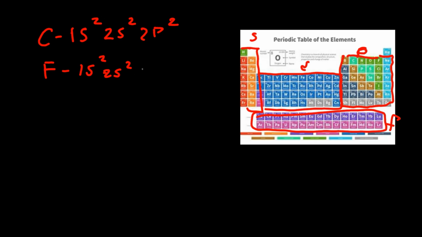So, the correct answer is 2p5, because you have 1, 2, 3, 4, 5 added electrons in the p orbitals in total.